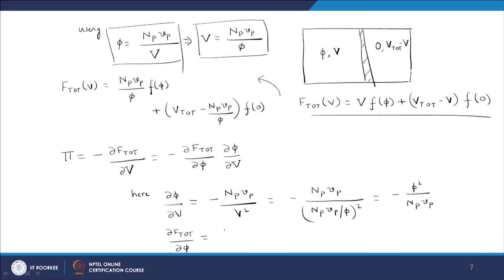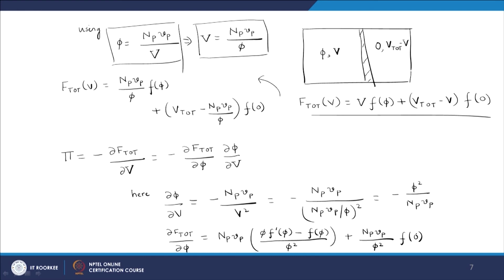If I look at the first term, that is Np Vp multiplied with phi multiplied by f prime of phi minus f of phi multiplied by the derivative of phi, that is 1, divided by phi squared, that becomes the first term, and the second term f of 0 is anyway a constant. So, we have the following.